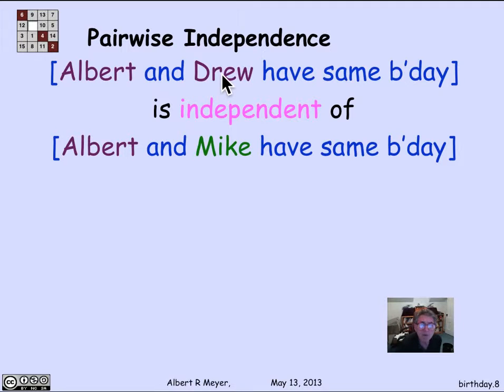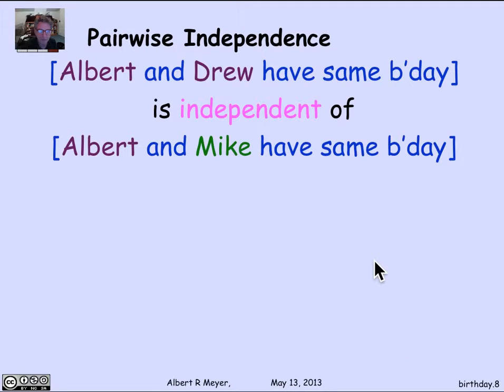Here's a way to think about what could go wrong. Suppose that, in fact, the birthdays weren't uniform. Suppose that some birthday was more common than others. Okay, that makes it more likely that if Albert and Drew have the same birthday, it slants things so that they're more likely to have this very common birthday than they would have been otherwise.